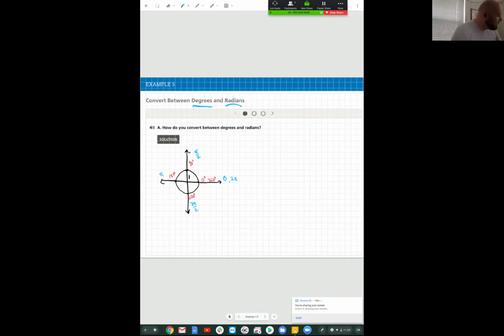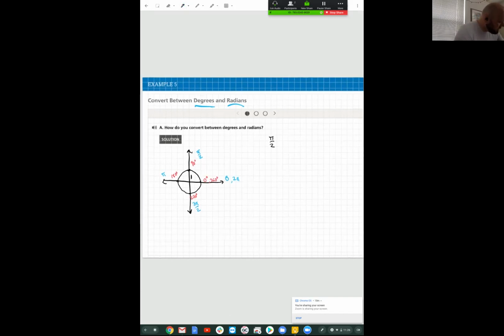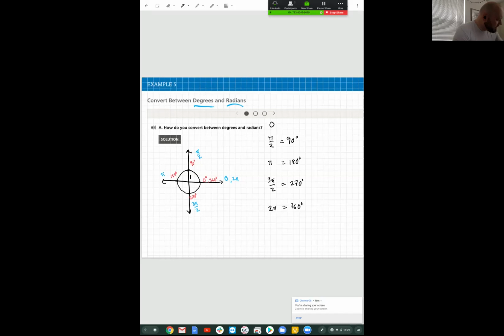So you can see from this that we have this relationship that pi over 2 is equal to 90, pi is equal to 180, 3 pi over 2 is equal to 270, 2 pi is equal to 360, and obviously 0 radians is equal to 0 degrees.